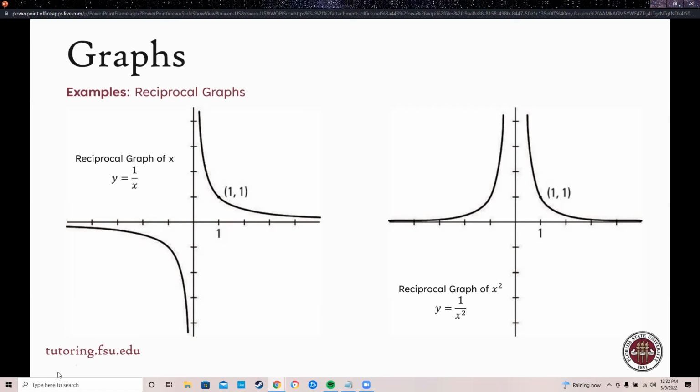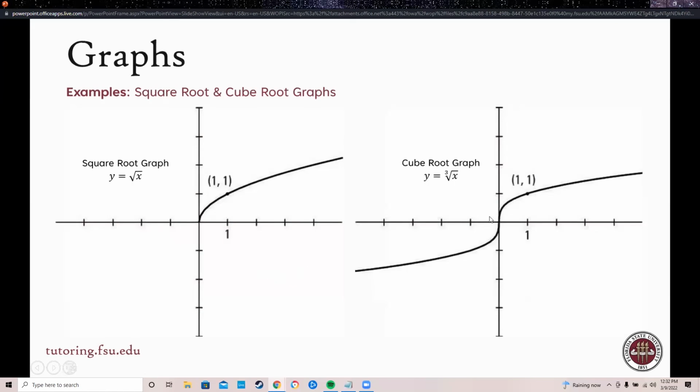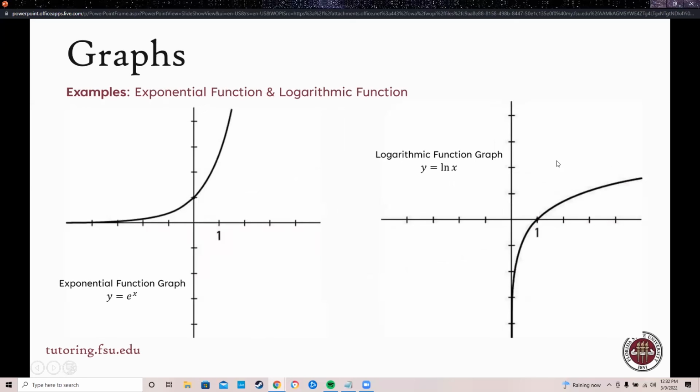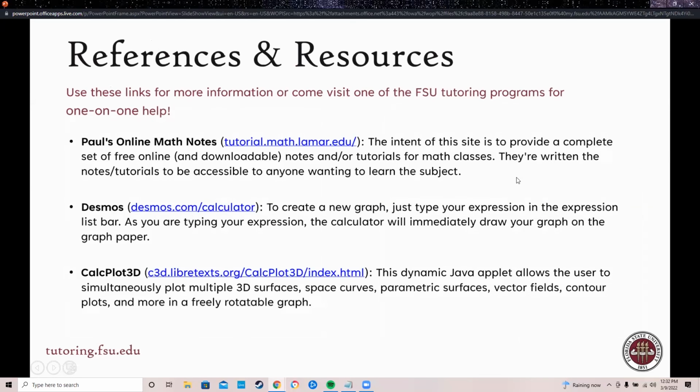So I hope this has been helpful for you. And of course, there are always online references and notes that you can look up if you ever need any help or assistance in the future.